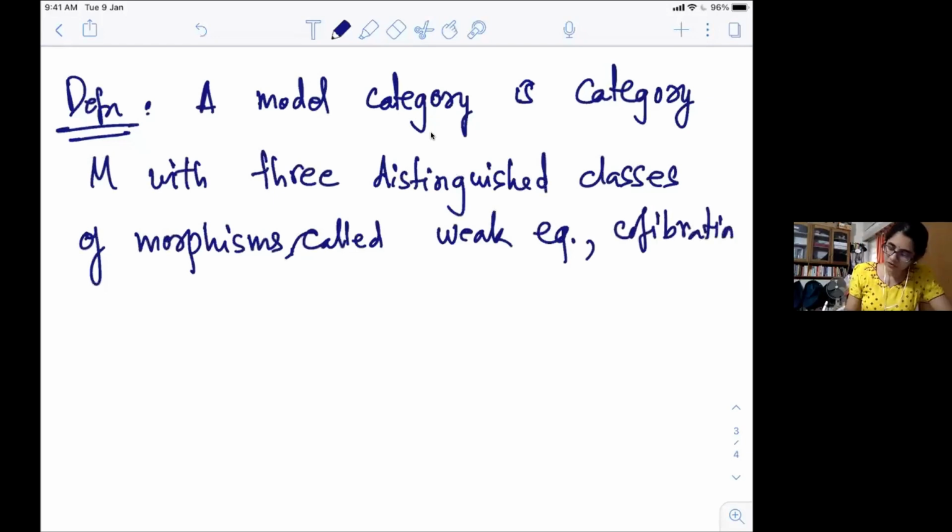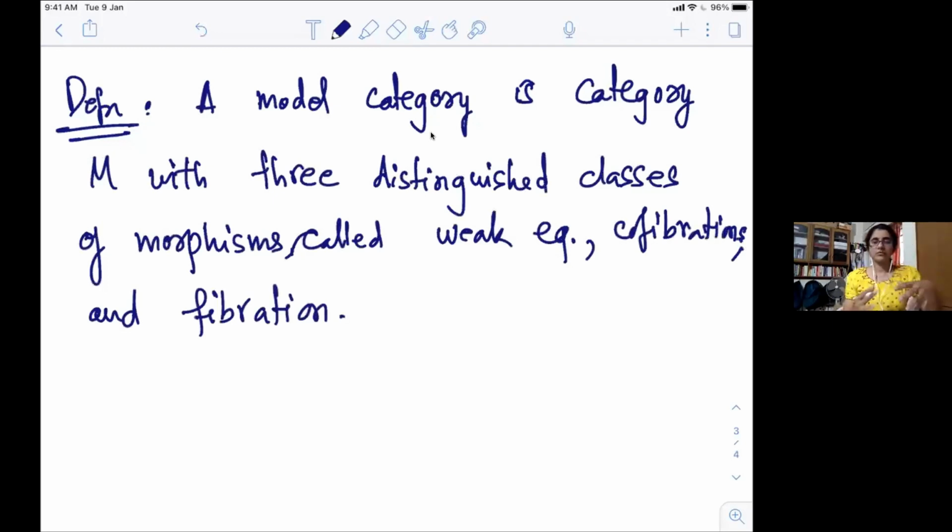These names should sound familiar, since they all come from something. Formally, I'm just defining a class of morphisms as weak equivalences, a class as cofibrations, another class as fibrations. We can denote these W, C, and F. These are three classes of morphisms in M, satisfying the following axioms.